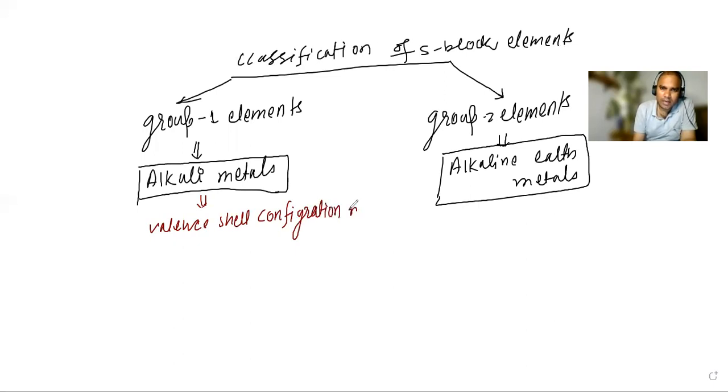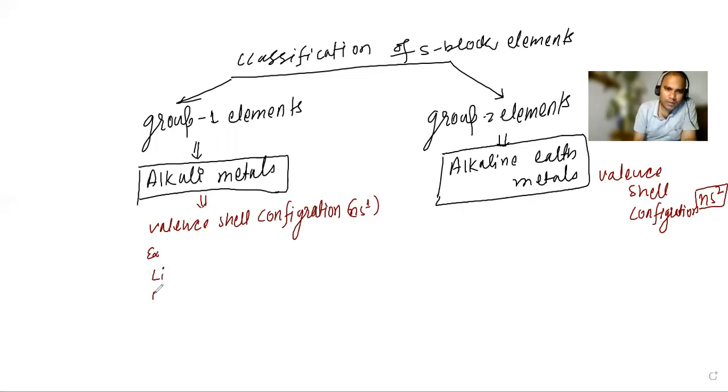That is the basic difference: ns1, ns2. Examples we are writing: lithium, sodium, potassium, rubidium, cesium, francium.